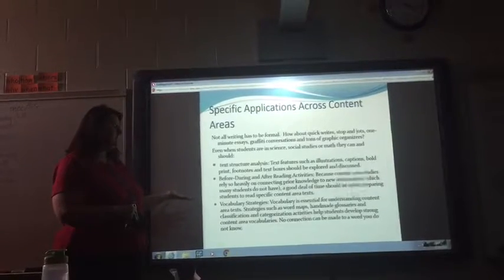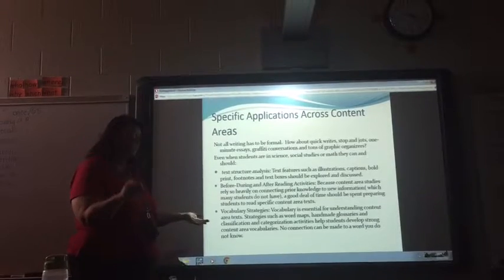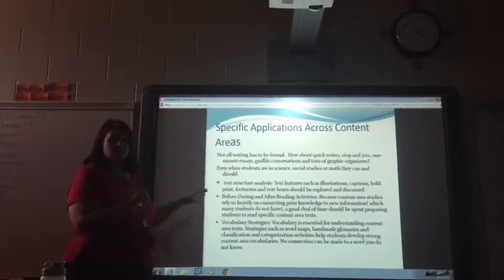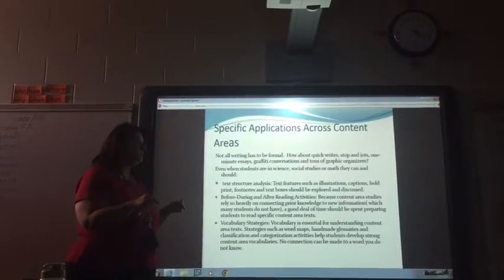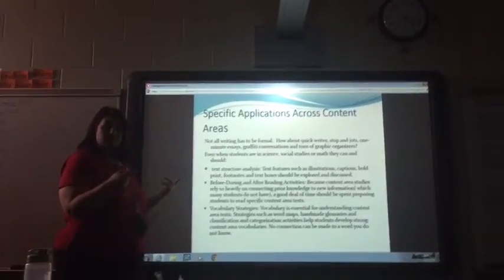Text structure analysis, you could use that across the curriculum, actually looking at everything on the page: illustrations, the captions beside the illustrations, bold print, footnotes, text boxes.